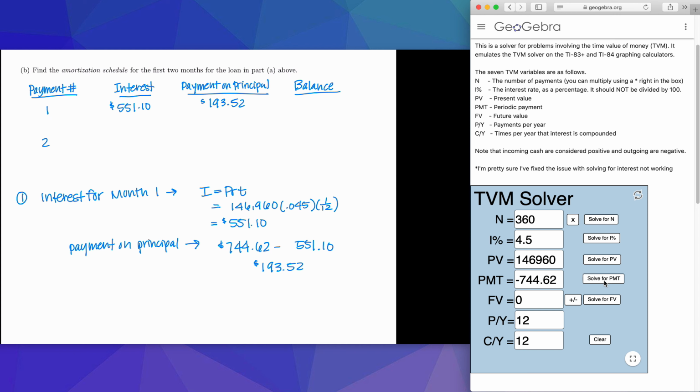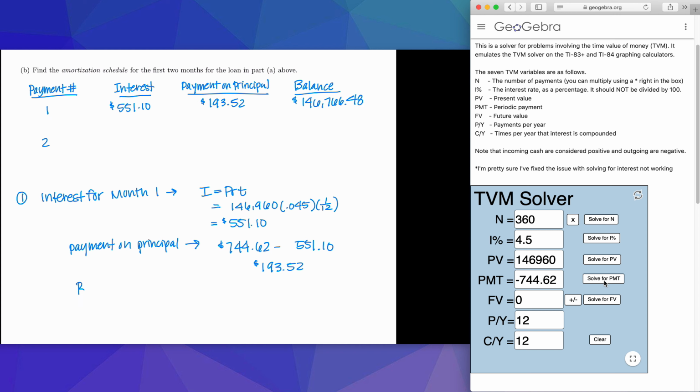Okay. And then to figure out our balance, we take our original amount of the loan, the $146,960, and we subtract out the principal amount that we have paid, which is $193.52. So we get 146,766.48.